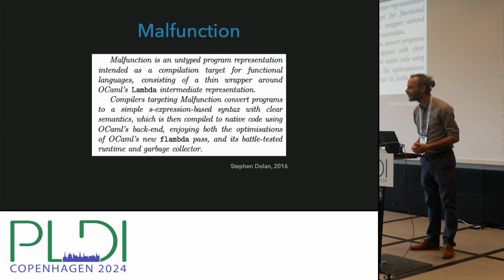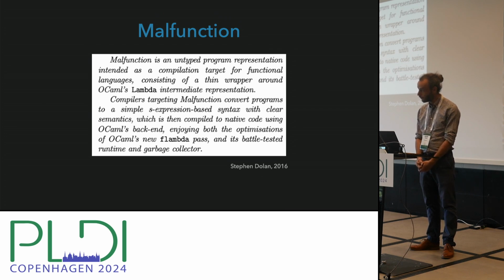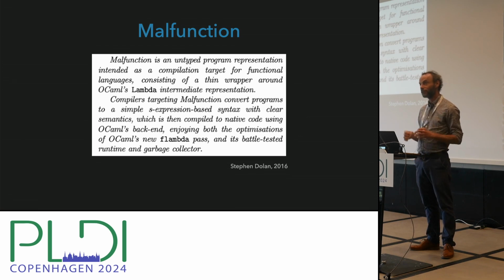Quick, I guess. Yeah, I was actually also wondering about the semantics. You mentioned at the beginning that the old thing used Obj.magic, which exposes lots of internal details of the compiler, so it's hard to reason about. So instead now you use malfunction, which exposes even more internal details of the compiler. And somehow that's easier to reason about. Why? So the first version of extraction does compile to an untyped language.